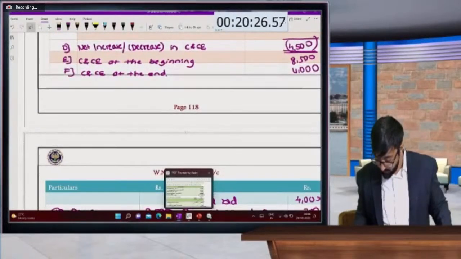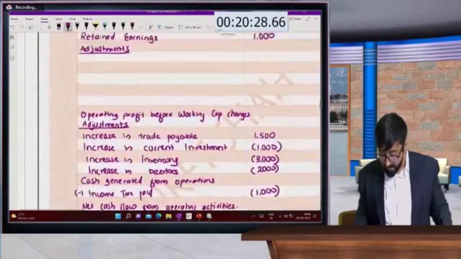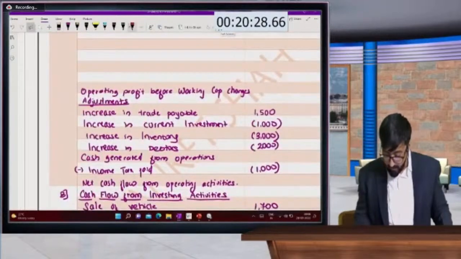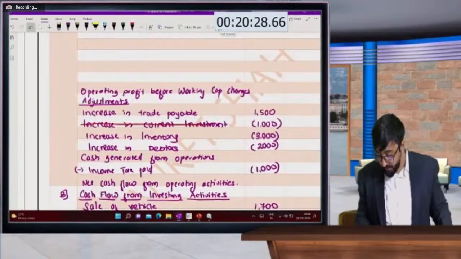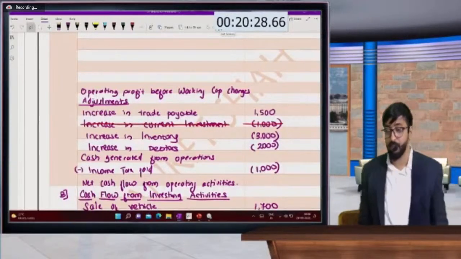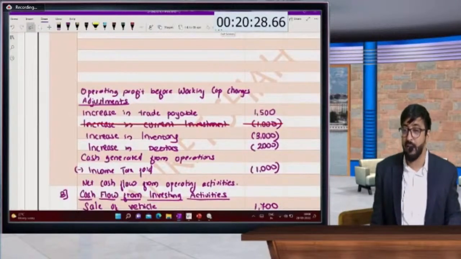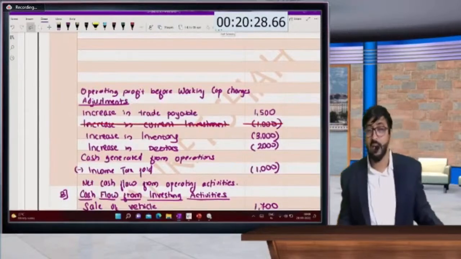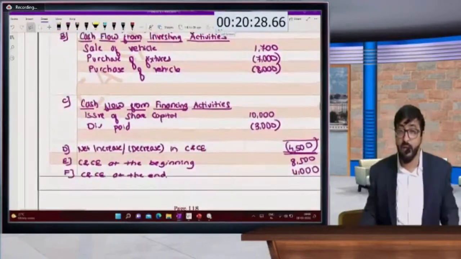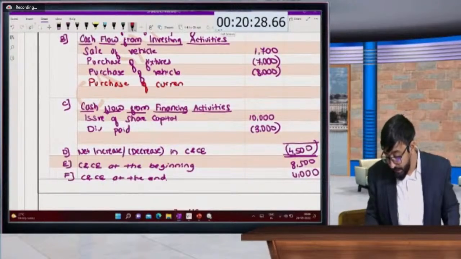Now, एक second. ICAI has considered this increase in current investment under investing activity. So cancel it from here. So we will follow. This is also a correct technique because current investment might be considered as working capital. You invested for the short term, but we will follow the ICAI way. Increase in current investment outflow, we will consider it in investing activity, like purchase of current investment.